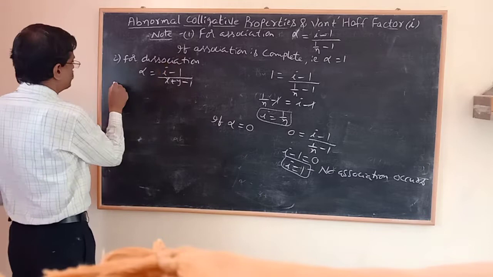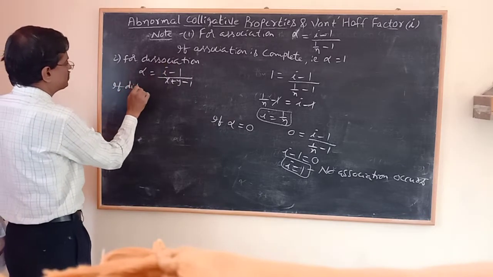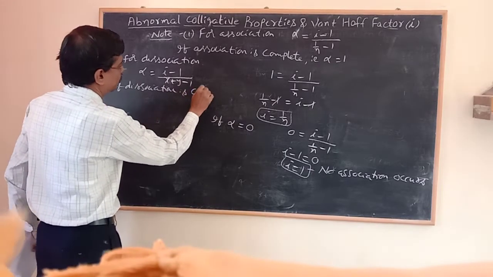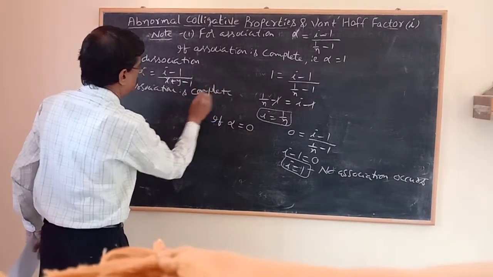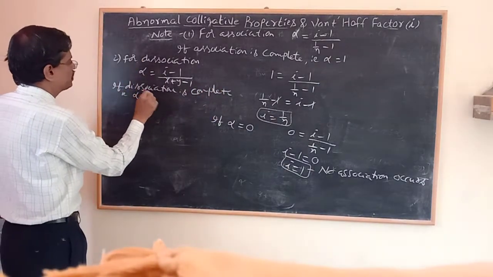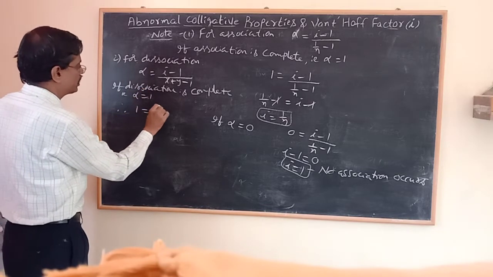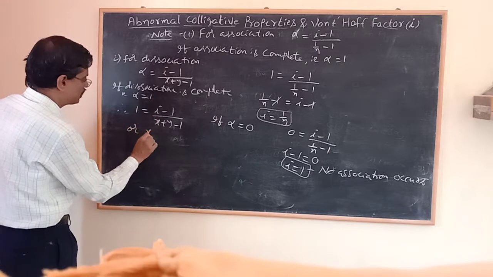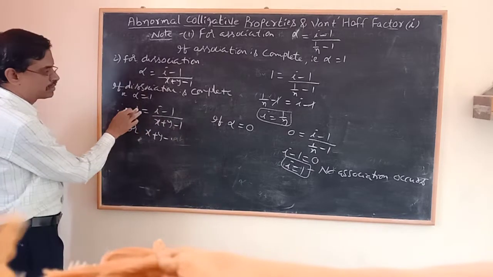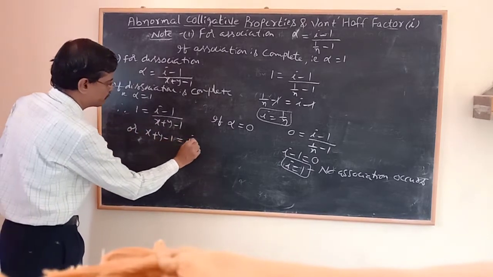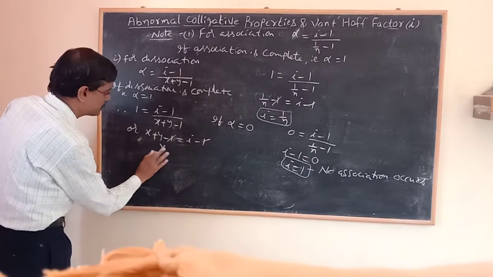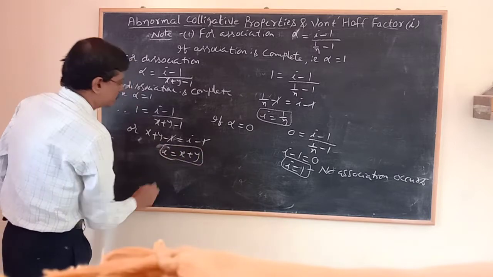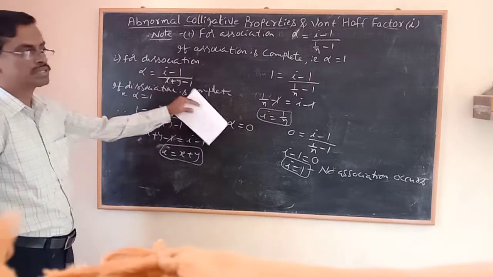If dissociation is complete, that is alpha is equal to 1, therefore 1 is equal to I minus 1 divided by x plus y minus 1, or x plus y minus 1 due to cross multiplication is equal to I minus 1. Minus 1 gets cancelled, so I is equal to x plus y. This is for complete dissociation.